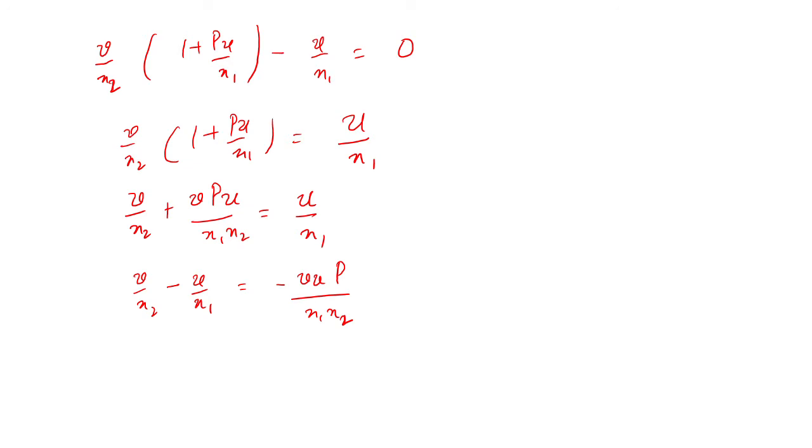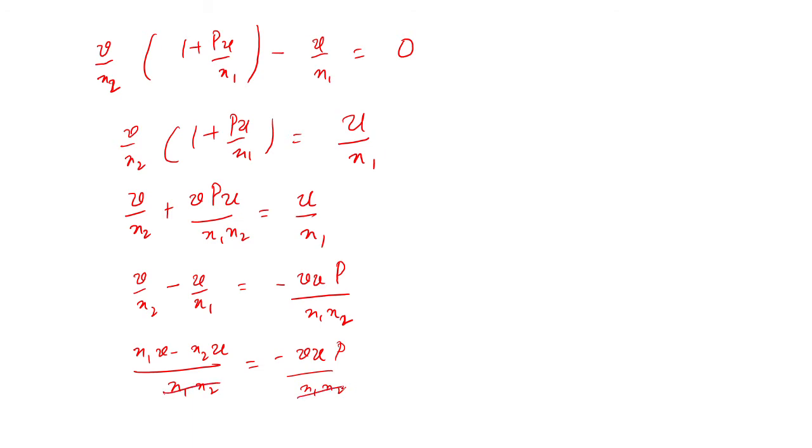And if you look at this a little more, if you take the inverse of this, then I can write this as, for example, n1 v minus n2 u divided by n1 n2 is equal to minus vup by n1 n2.